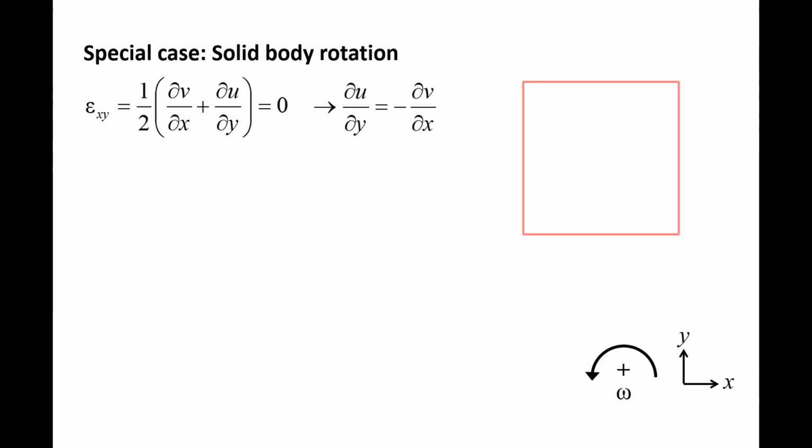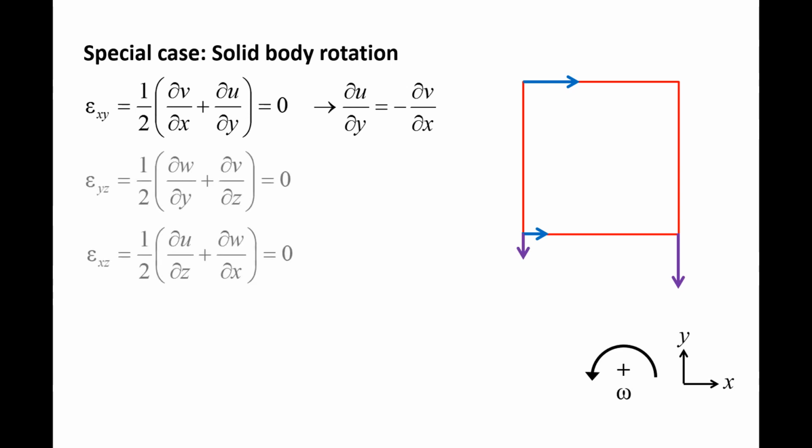For example, here we have a fluid element with the x component of the velocity increasing in the positive y direction. The y component of the velocity changes by the same amount in the x direction, but is pointed in the negative direction. If these are the only velocity gradients present, this fluid element would undergo rotation but not distortion.